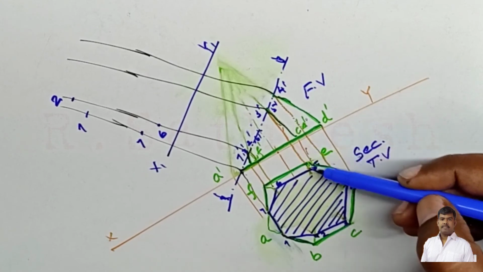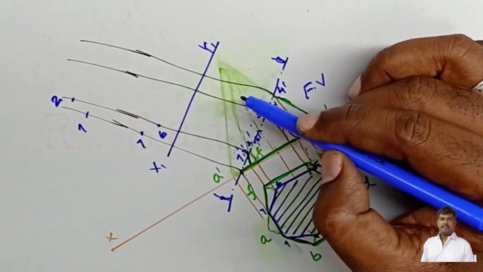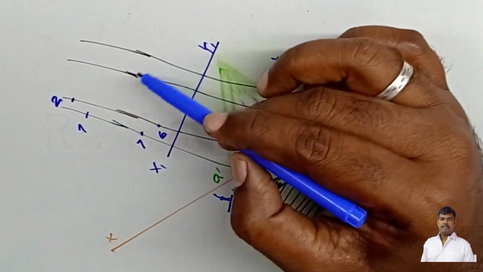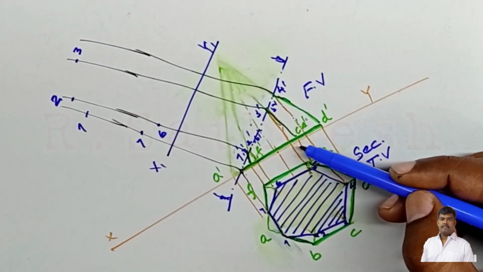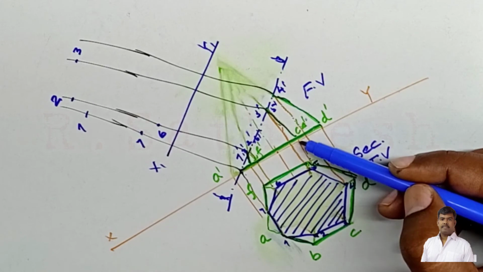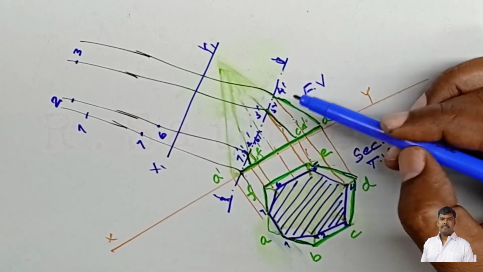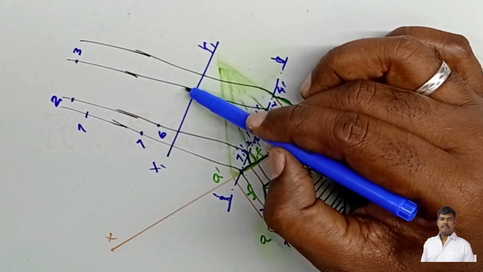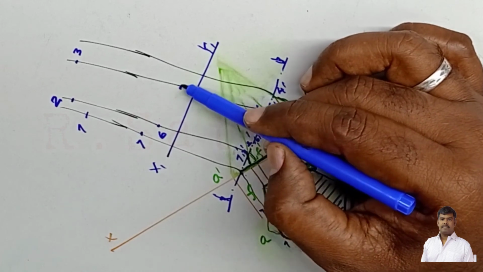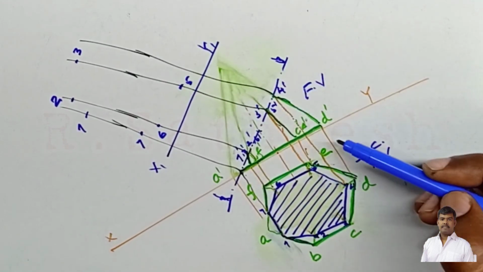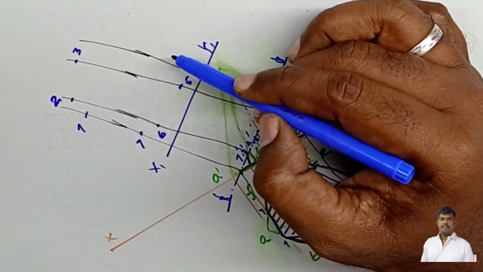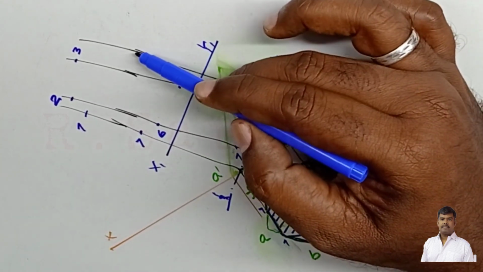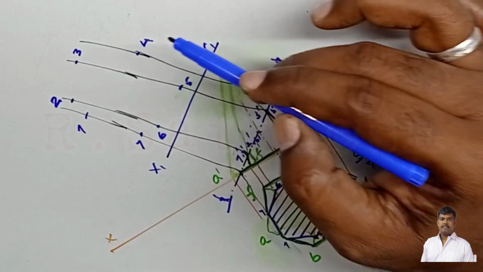Next, the xy to 3 distance on the 3 line, here to here 3. Next, on the same projection line, the xy to 5 distance, this one 5. Next, the xy to 4 distance, same from the 4 dash line, this one, it is 4.